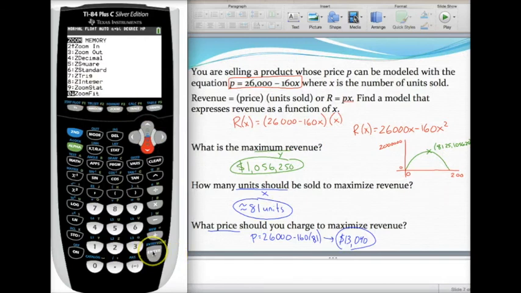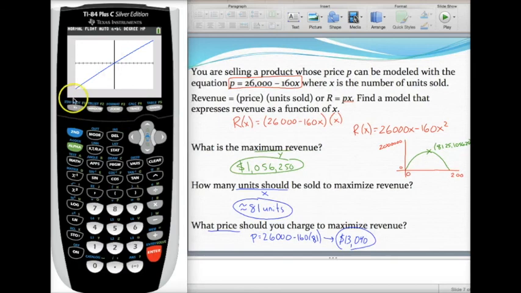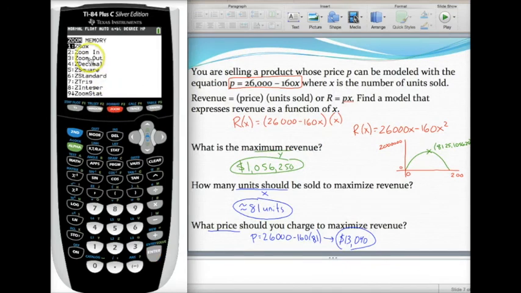So if I select zoom fit and press enter, you'll see why I hate this in a second. I actually get a really horrendous looking picture of a parabola. In fact, it doesn't look like a parabola at all. It really just looks like a line, even though it is supposed to be a parabola. I hate zoom fit. But here's what someone discovered. If you go back into zoom and then select zoom out, option 3, you actually have to press enter to make it zoom out.